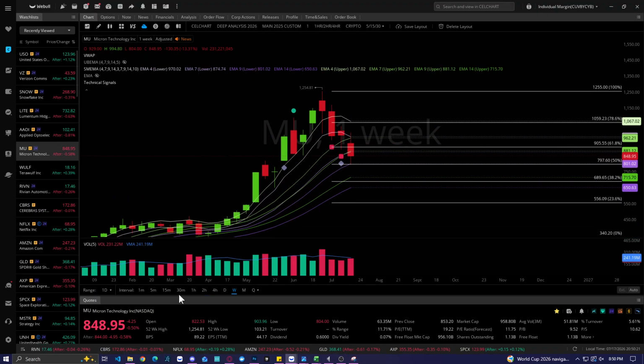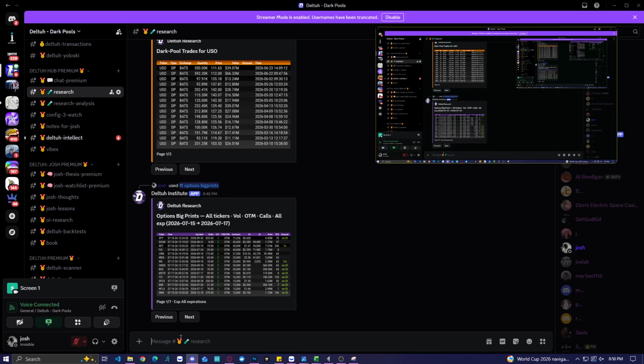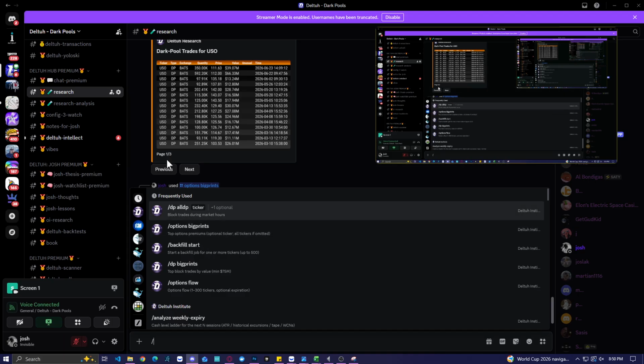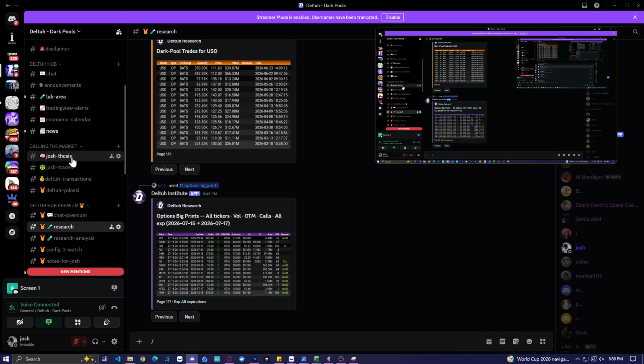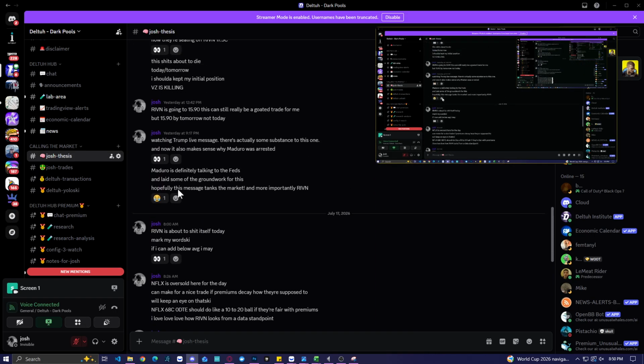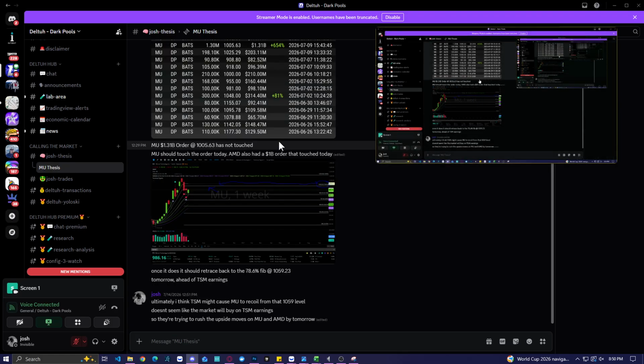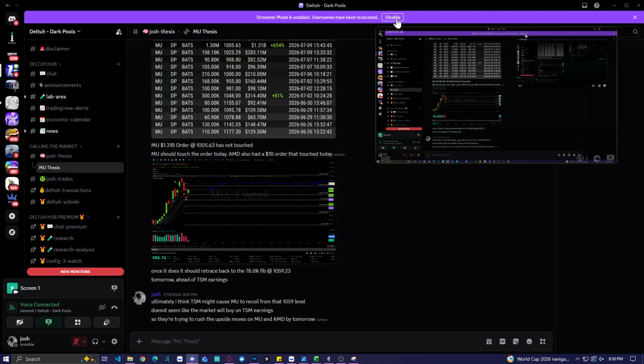I was wrong about MU this week because there's a big dark pool print hanging in the air on MU that hasn't been touched, and it's for like $1 billion. I actually have it in this MU thesis section. Let me see if I can make this smaller.